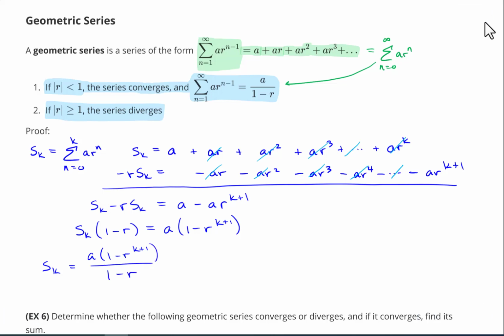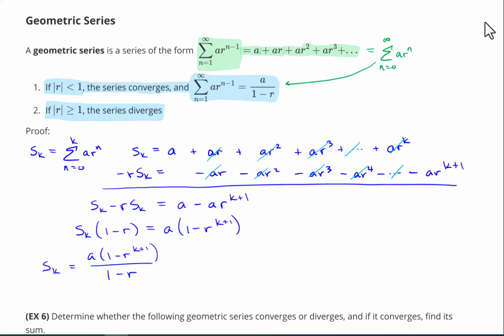And this is a neat formula. This is a formula for the sum of the first n terms, well, I should say k terms because n is my exponent. So the first k terms of a geometric series. And this is a finite geometric series, so that sum would always exist. Okay?